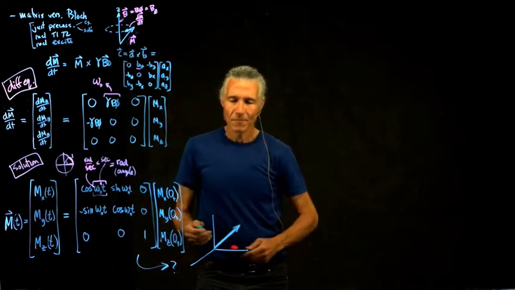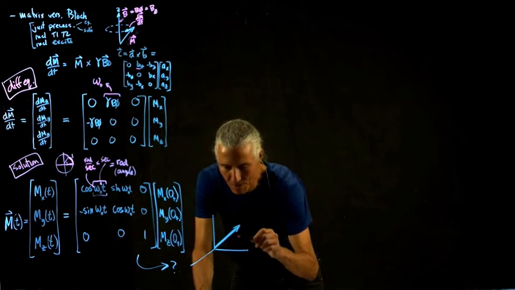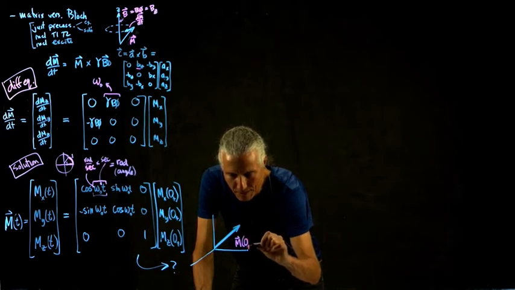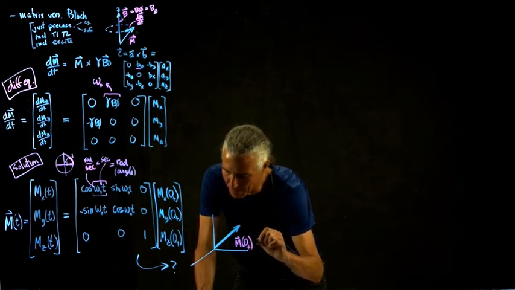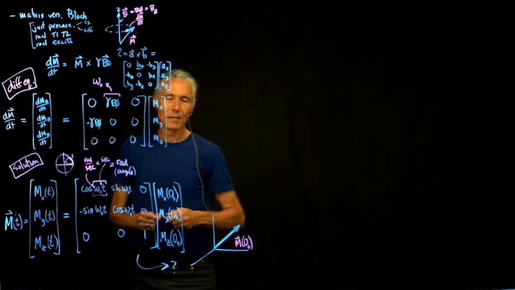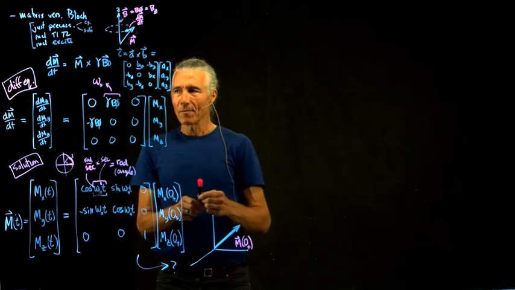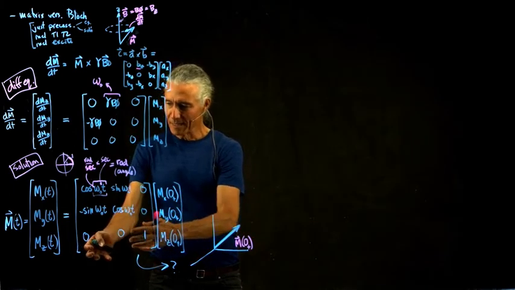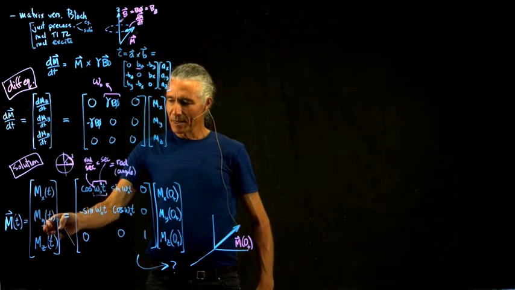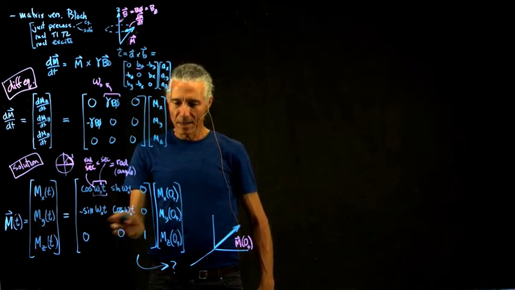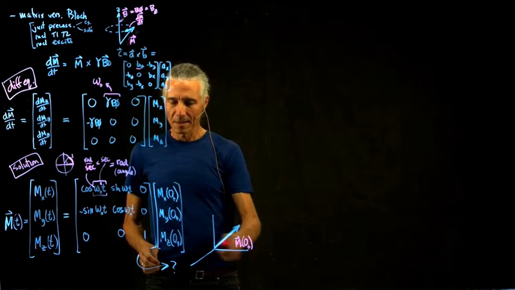This isn't M now, this is the magnetization vector, wherever it ended up right after the RF got turned off. And what this equation says is the magnetization vector at a particular point in time is going to be equal to this matrix operating on this starting vector.